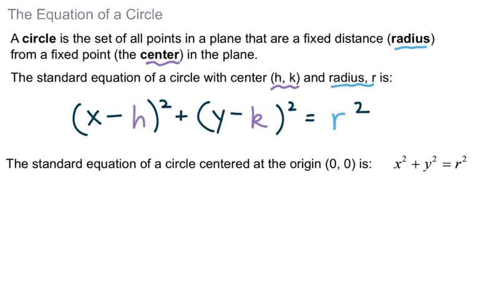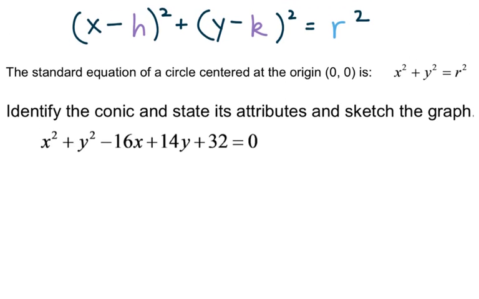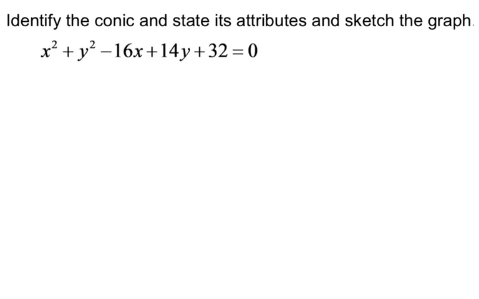All right, let's do an example. For this example, we're going to identify the conic and then state its attributes and sketch the graph. Obviously, we know we're dealing with a circle at this point because I just defined a circle for you. But what we do is we look at our squared terms. If we have both x squared and y squared, that means it's not a parabola.